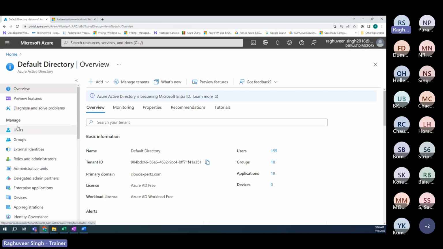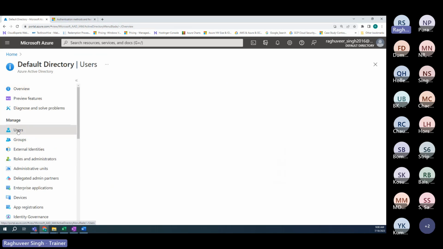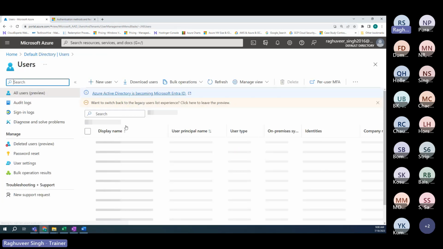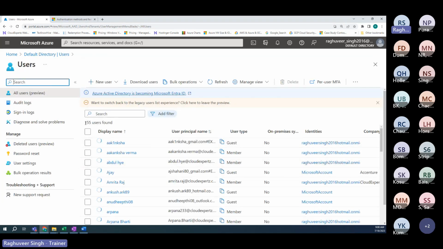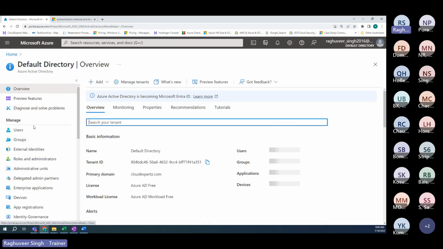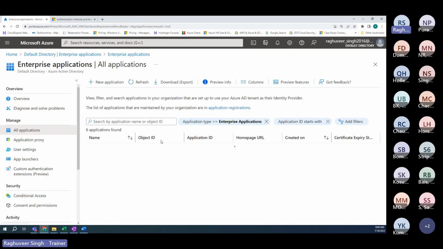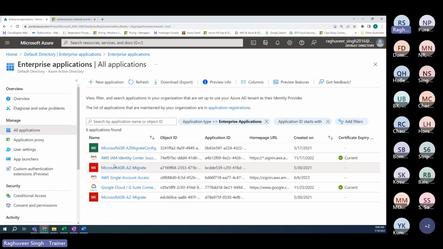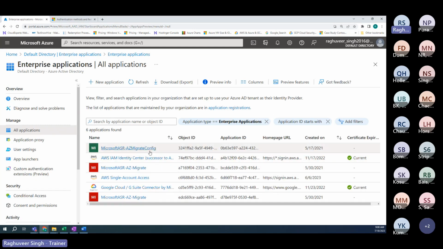Once that synchronization is complete, all your identities will start to reflect here in this window, which is the user window. For example, I have 155 identities here. Now, all of these 155 identities can then further be granted access to enterprise applications, to other clouds in this case, which is AWS and GCP.